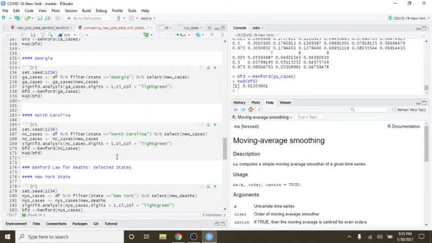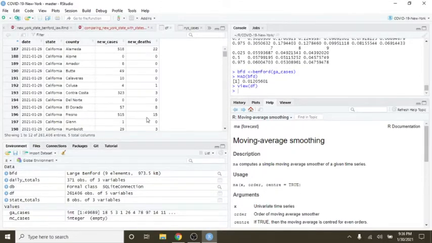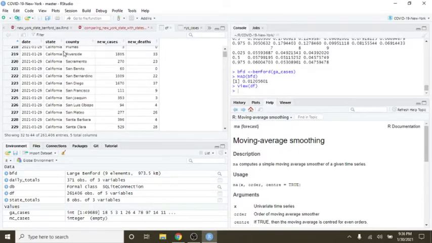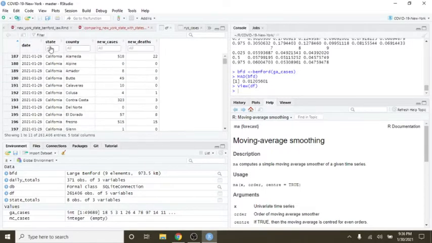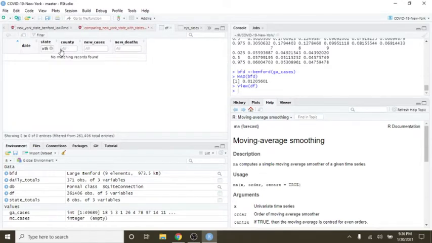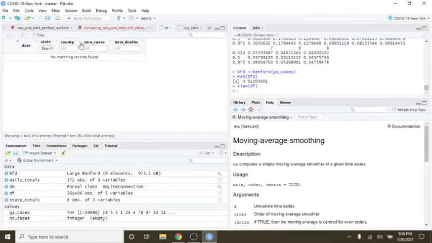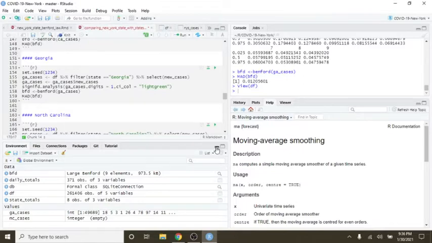It must be spelling. Oh, I know what it is. I have to keep adding states back up here.